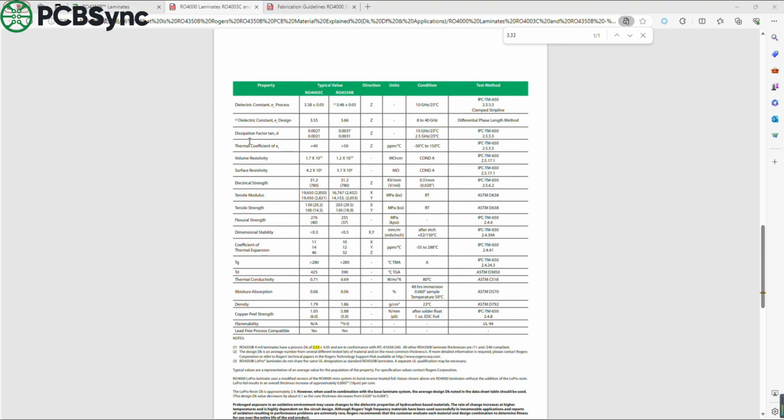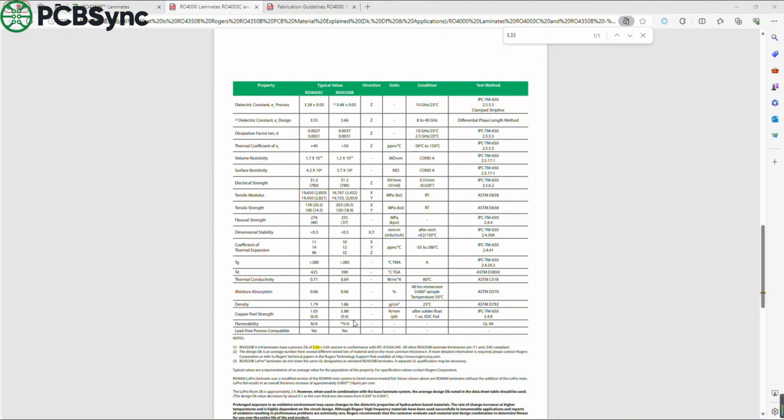So, to sum up, DK affects impedance, propagation speed, and electrical length. The dissipation factor reflects the dielectric loss, but it's not the only source of overall insertion loss. Similarly, the glass transition temperature reflects the material's heat resistance. CTE, especially Z-axis CTE, is closely related to via and temperature cycling reliability. Thermal conductivity affects the board's ability to transfer heat.